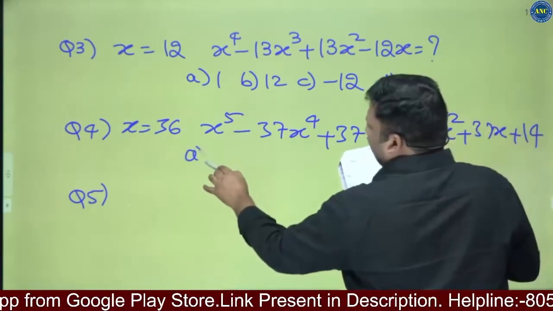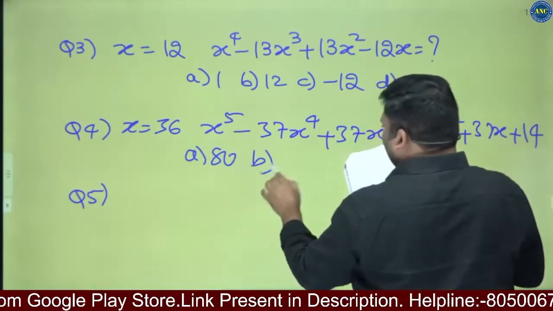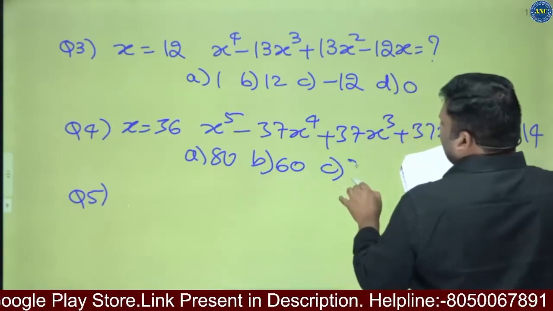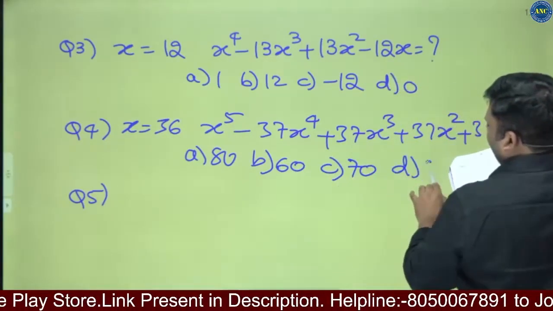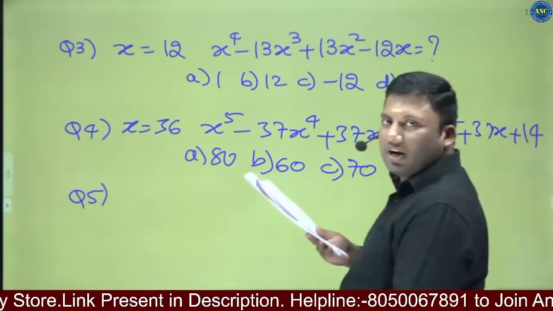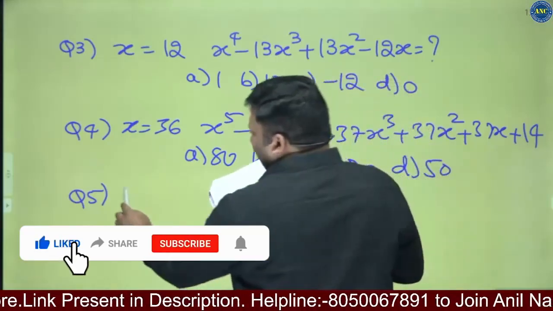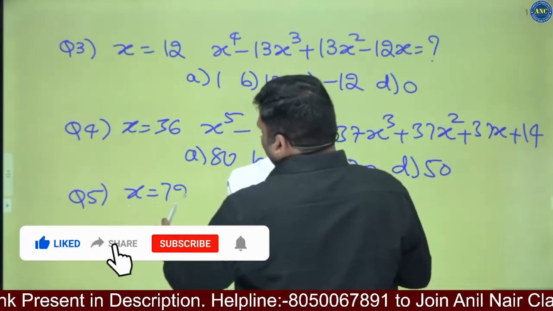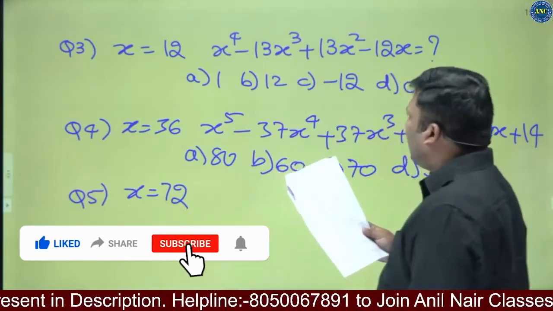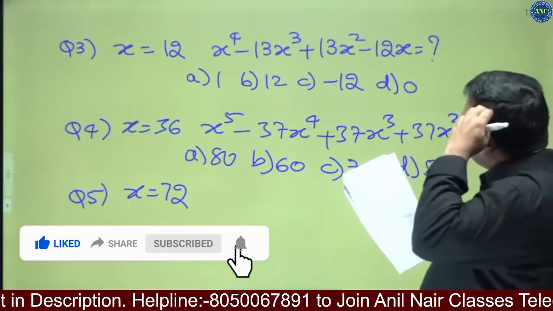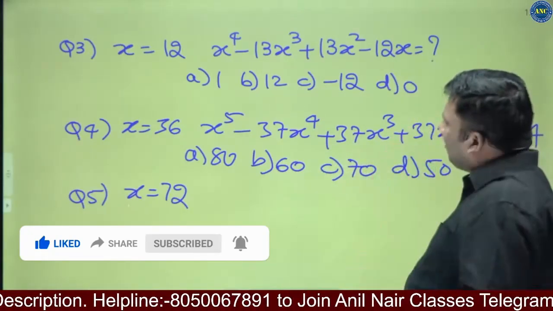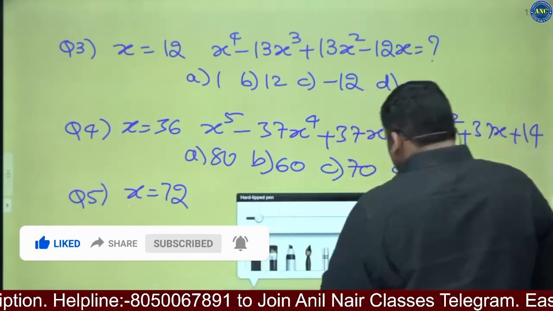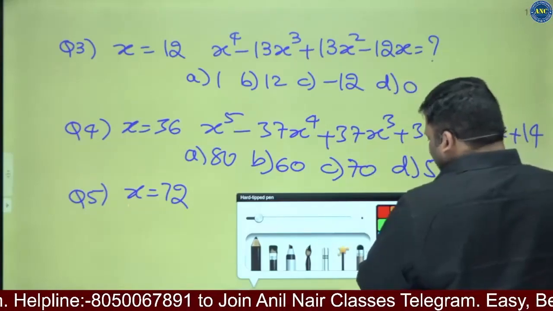Options are 80. Listen carefully. I will introduce another interesting logic. 70, 50, from previous year exams with the same answer options, I am lifting it, sir. X equivalent to 72. 4 and 5. I will teach you another interesting logic, sir. In fact, we can also do 3, 4, 5 with one logic.